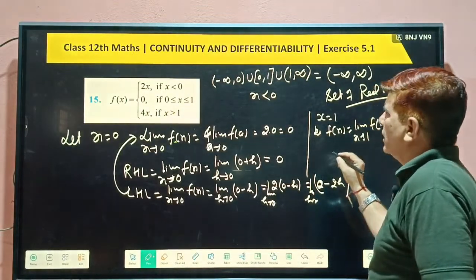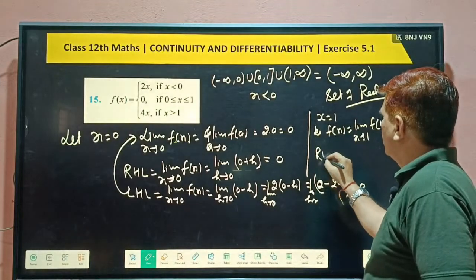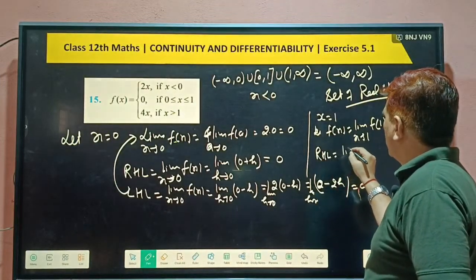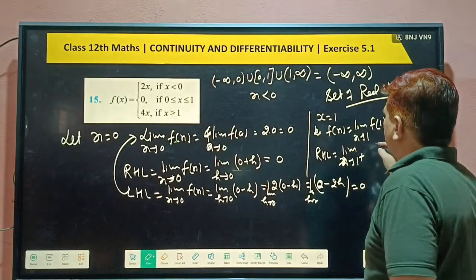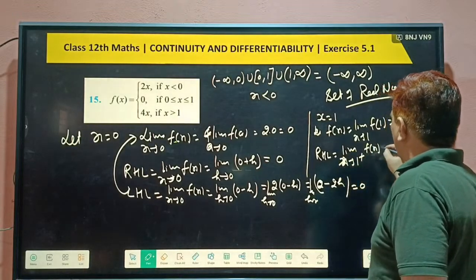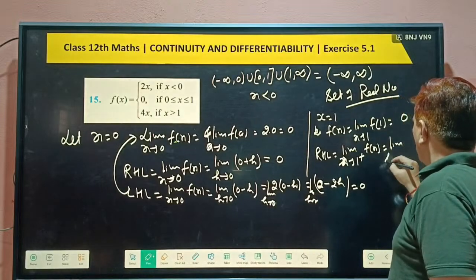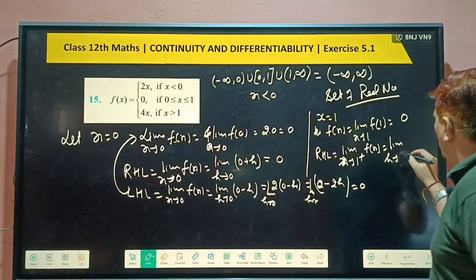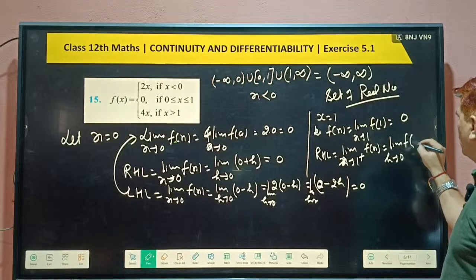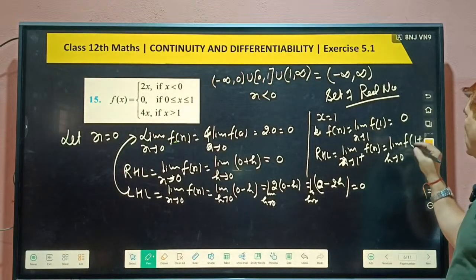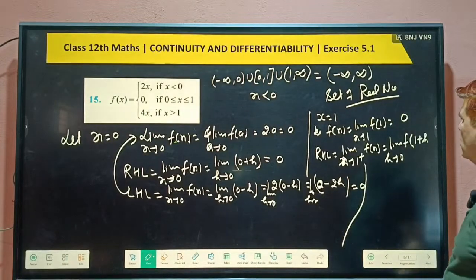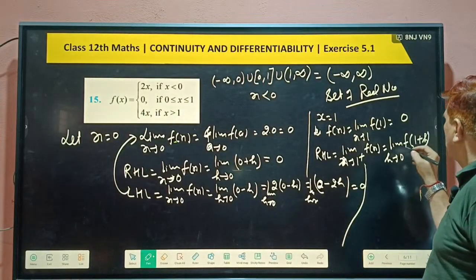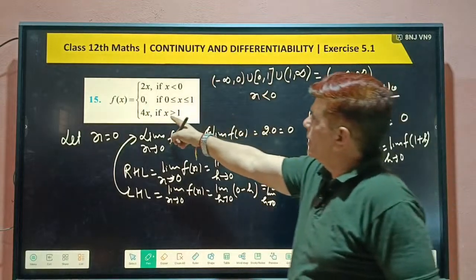Now what will we check? RHL. Limit x tends to 1 plus of f of x is equal to limit h tends to 0 of f of 1 plus h. I already told you h is a very small quantity. So what's the meaning? 1 plus h, x is greater than 0.